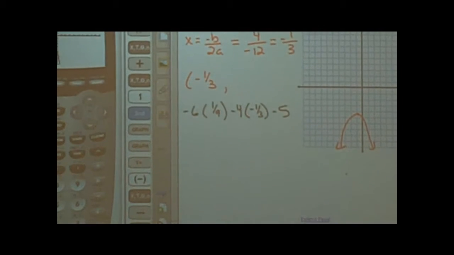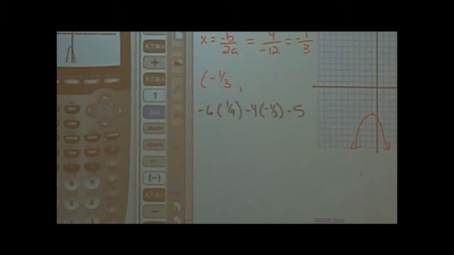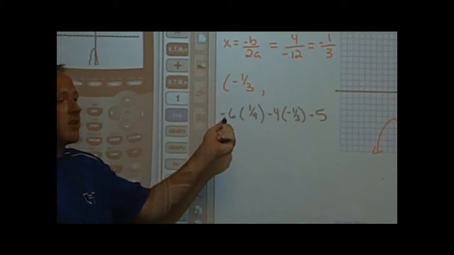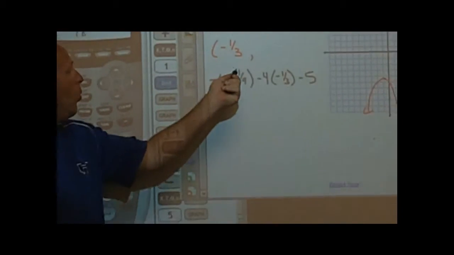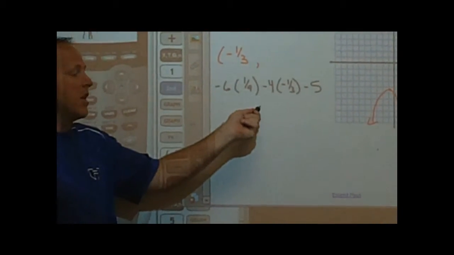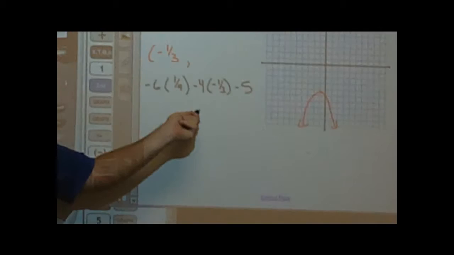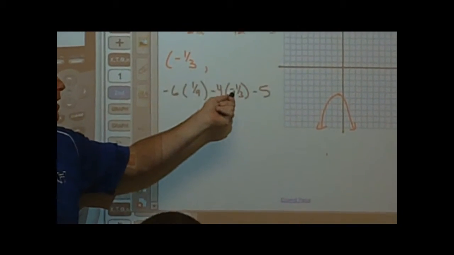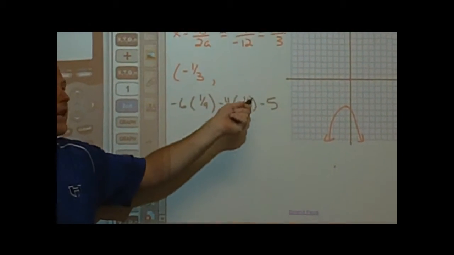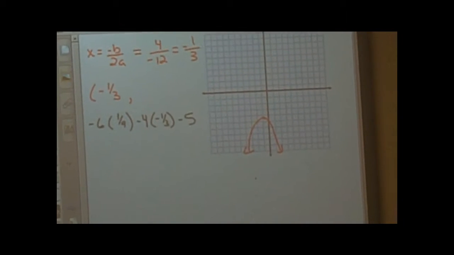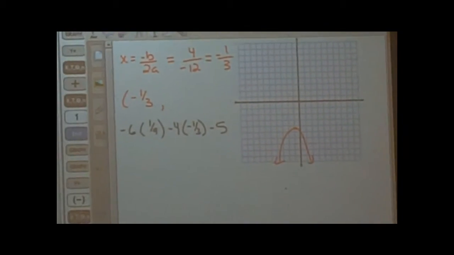Now with your calculators, all you have to do is put it in exactly the way we wrote it. Negative 6, parenthesis, 1 divided by 9, parenthesis, minus 4, parenthesis, negative 1 divided by 3, parenthesis, minus 5, enter. You don't have to worry about any kind of order. What do you get?